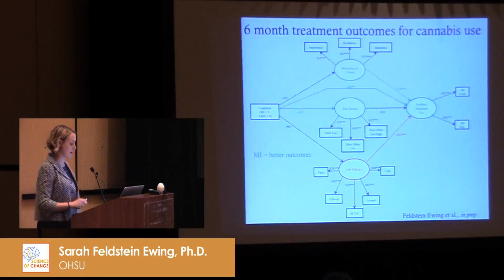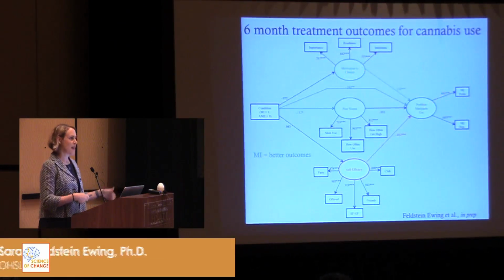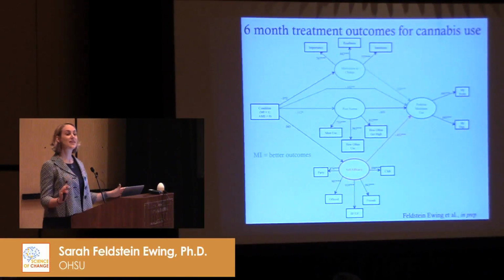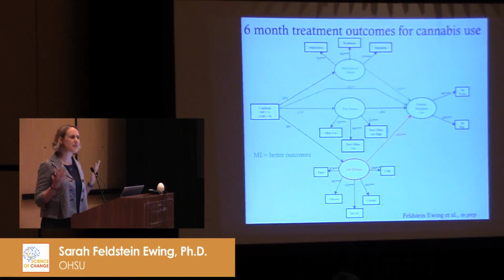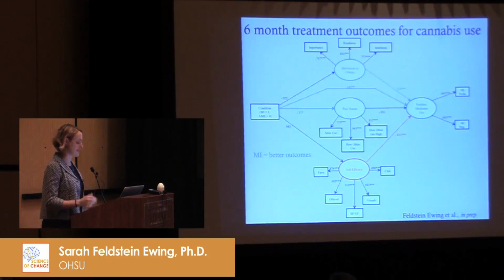Excitingly, we did have a main effect for MI in terms of better outcomes, but you'll see here too that more motivation to change led to more marijuana use. And then here we had self-efficacy in the right direction. So what you'll see again is that we are really wrestling with what these mechanisms are and how they might affect adolescent substance use. And we are not there yet. Hopefully we'll be there soon with discussions that we're having with this data, but it is muddy at best in terms of trying to understand it.